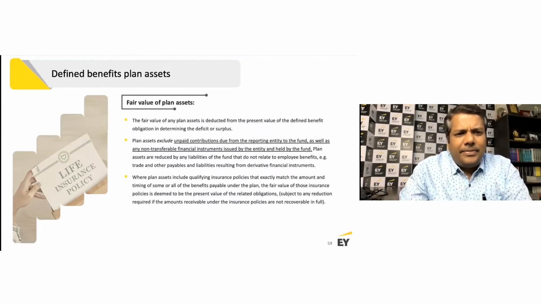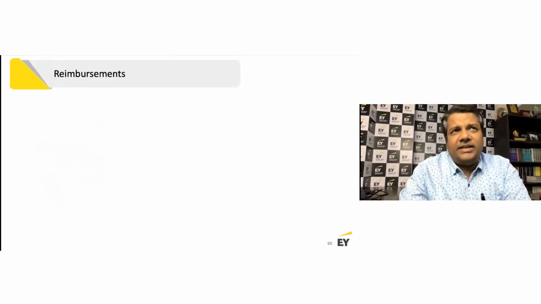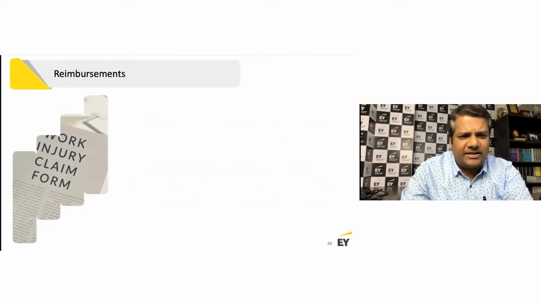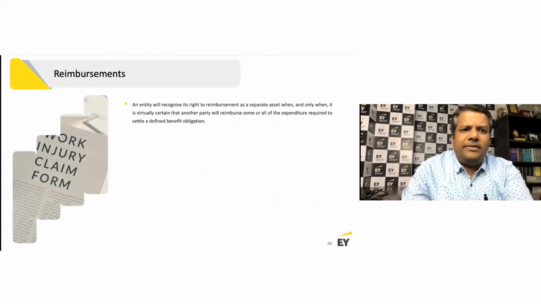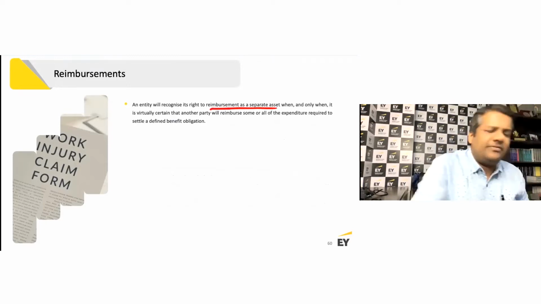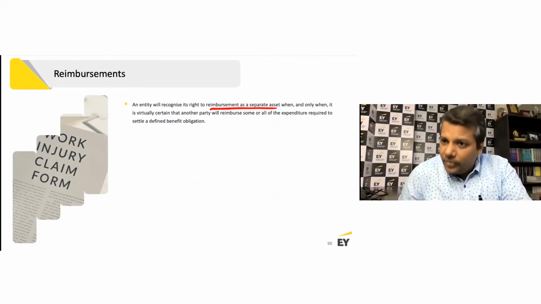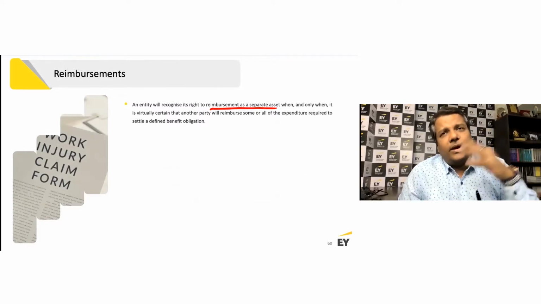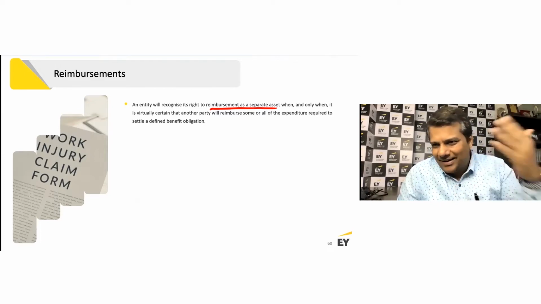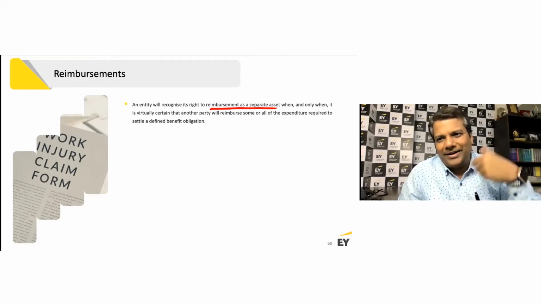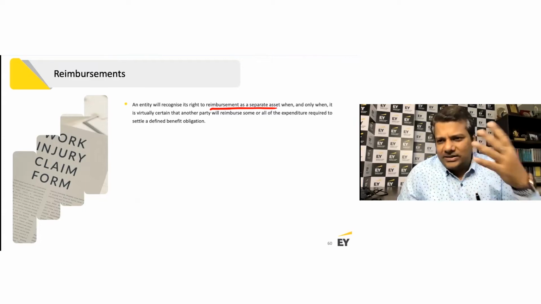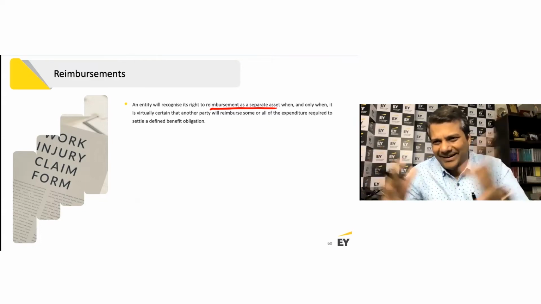And then if there is any reimbursement, where I'm supposed to receive something from a third party, you also need to factor that in. So the entity will recognize its right to reimbursement as a separate asset when and only when it is virtually certain. Again, when we look at the certainty, the scale is remote, possible, probable, more likely than not, highly probable, and virtually certain, and all kinds of probabilities we are dealing with.